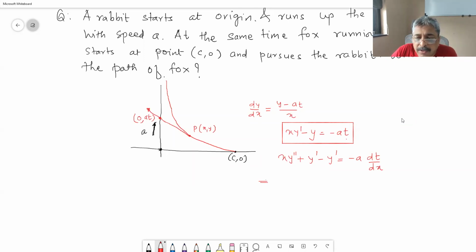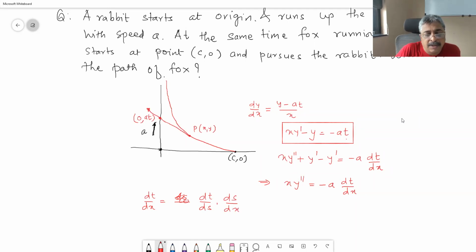That is where we get x y double dash is equal to minus a dt by dx. Right? And now you need to do something for this. That is where dt by dx is equal to dt by ds into ds by dx.